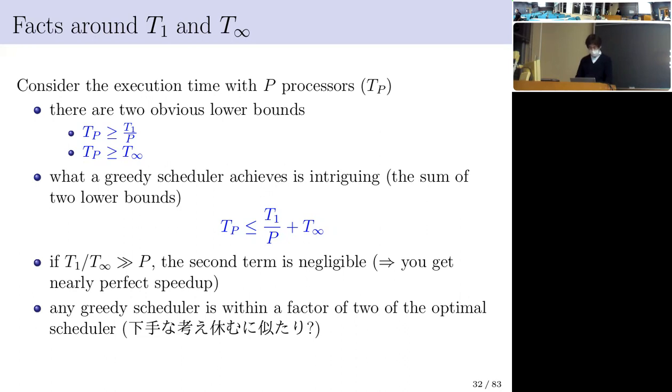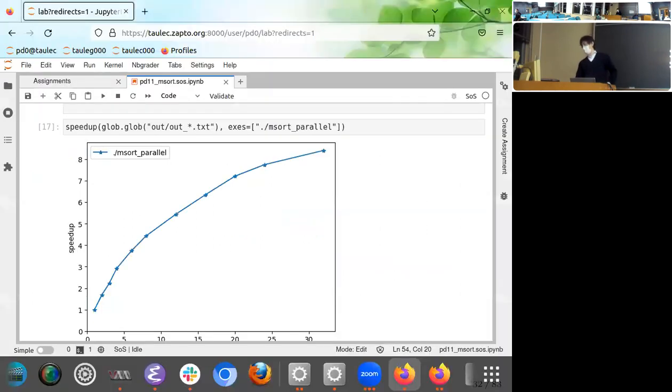With that, you can understand why the speedup is not very satisfactory with this merge sort algorithm. Through this analysis, you will also get some ideas about how to make it more scalable. And this is the topic we are going to get into next week. So with that, I think I will finish for today.